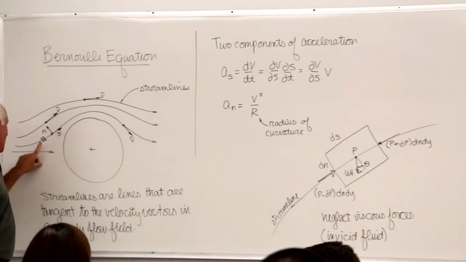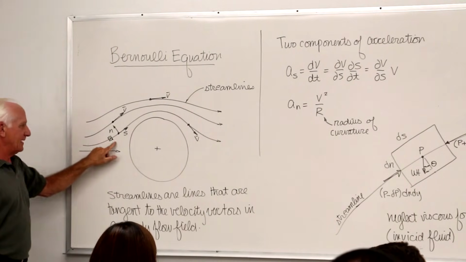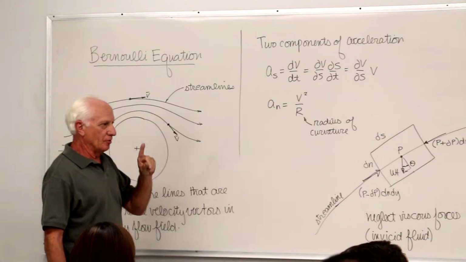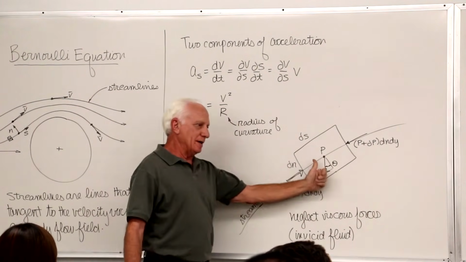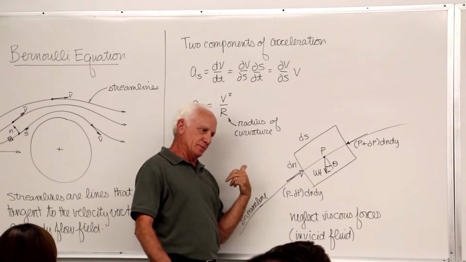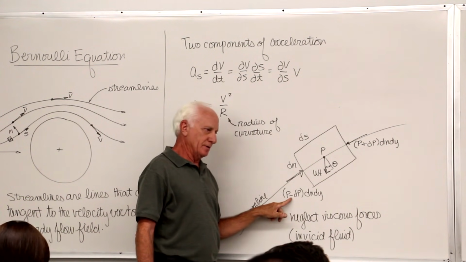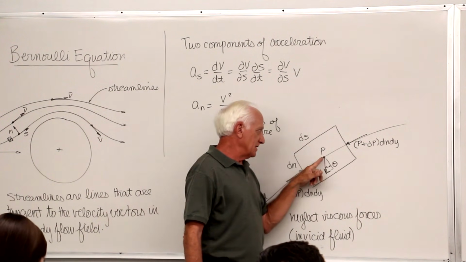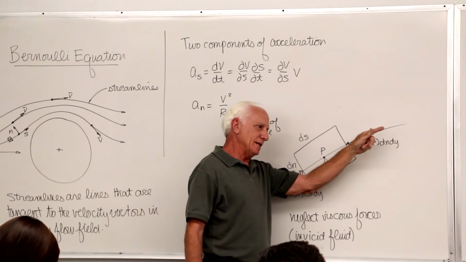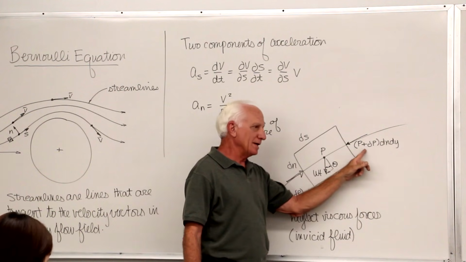Then there is the pressure acting on the left and right-hand faces of the element. Call the pressure in the middle P. If you go in the negative s direction, towards me, the pressure is P minus dP. If you go in the positive s direction, to my right, it's P plus dP.